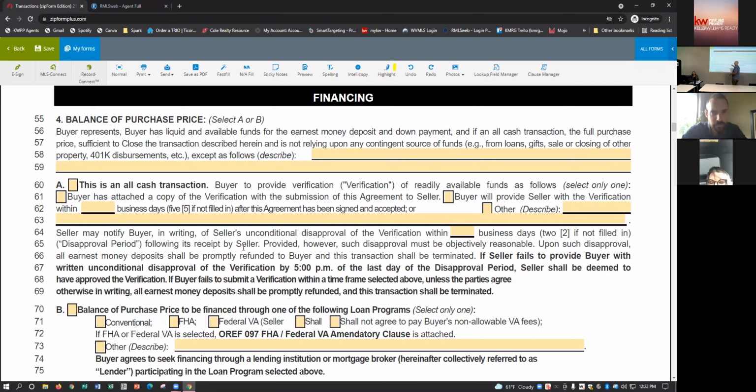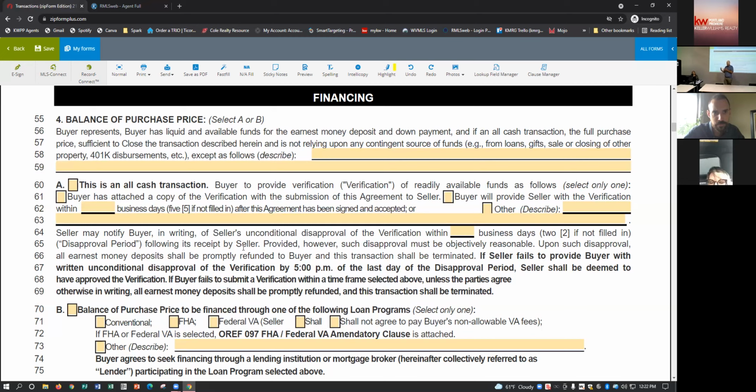But if you do it after the fact, let's say it says right here, buyer will provide seller with the verification of funds within 5 business days. And then on that 5th business day, you send over what you think is an objectively reasonable proof of funds. In the meantime, the seller got a better offer and they're like, these aren't objectively reasonable anymore. Now you're going to find yourself in a problem.